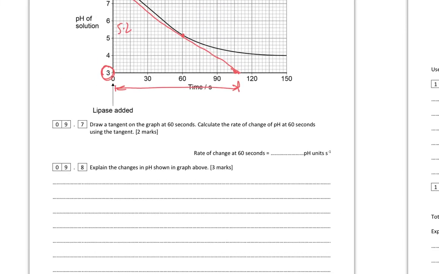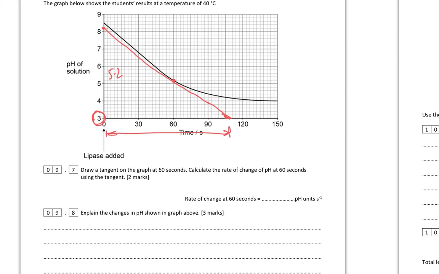And explain the change in pH shown by the graph. So why did it decrease quickly at the start, and then why is it levelling off? Well, this is one experiment. Therefore, there are lots of collisions at the start because there's a high substrate concentration.